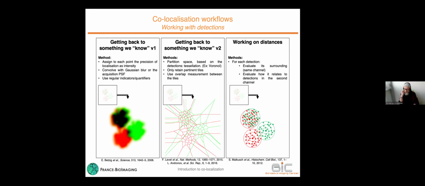Unfortunately, sometimes this is not the best metric, and it might not be adapted to all problematics, especially if you're not expecting some relationship between the two channels, for instance. Is it answering your question, or am I off?